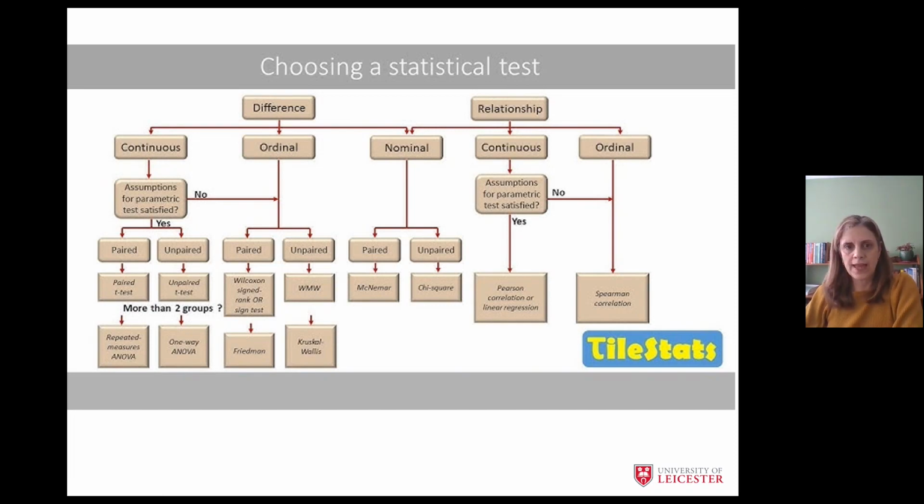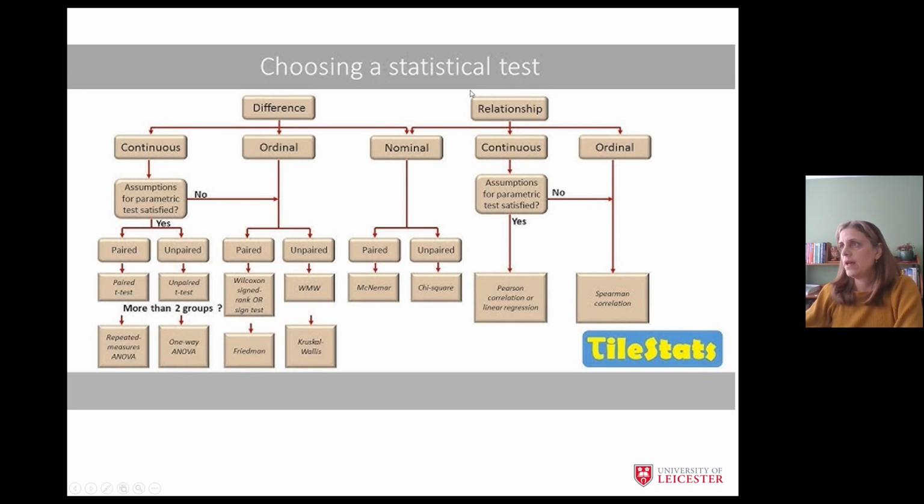We could look at the shape of our data and decide if blood pressure is parametric. Let's say, yes, it is. So we come to here. We're comparing unpaired data, so people with and without diabetes, and they haven't been matched. So we've got unpaired data. And we're just comparing two groups, people with and without diabetes. So that leads us to do an unpaired t-test. So that's one way to think about your data, and it leads you through to the test that you need to do.